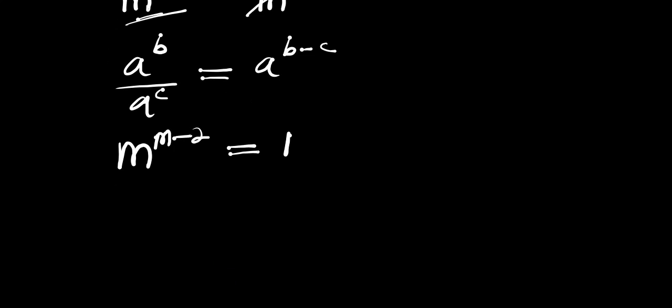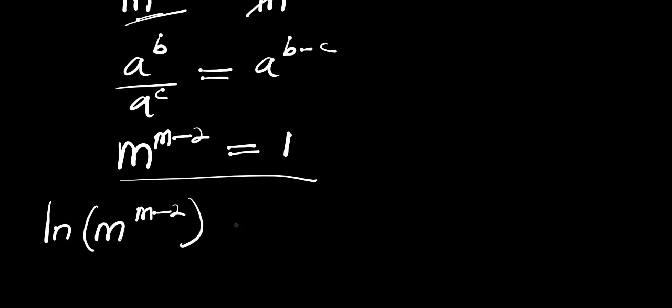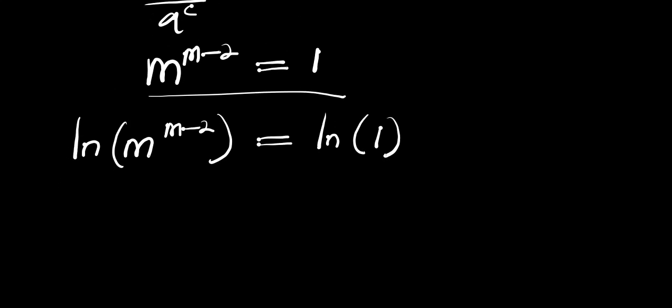Now in order to solve for m in this particular equation, we need to introduce natural log. So we have ln of m to the power of m minus 2, and this is equal to ln of what? 1. And the next thing is also, let's consider this identity.